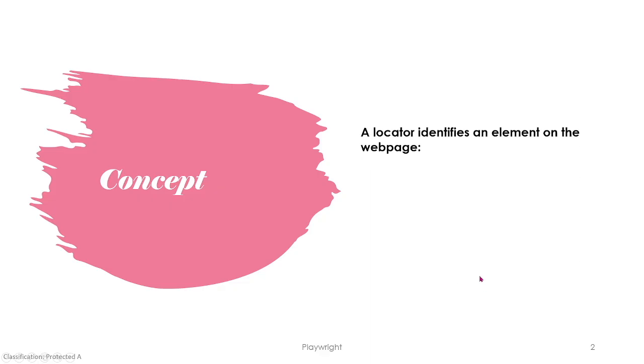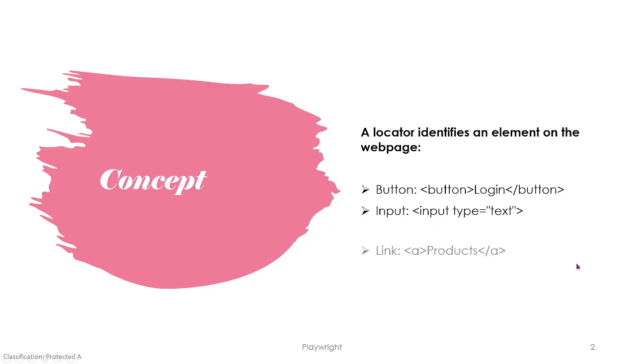A locator identifies an element on the web page. Like a button, this is a button on the web page, like an XPath button, login button. Input, this is an input text box.